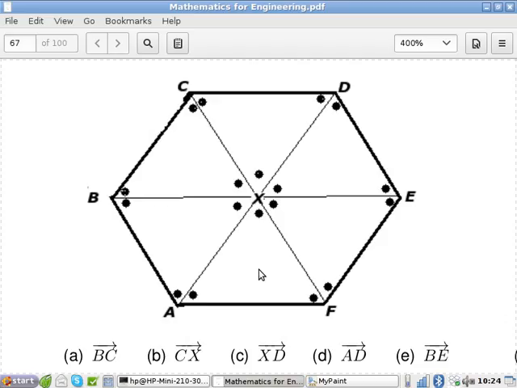BC is 2AB plus AF divided by... No, because that's wrong. 2AB is a really long vector. What is BC in terms of AB and AF? Is it the same as AB?